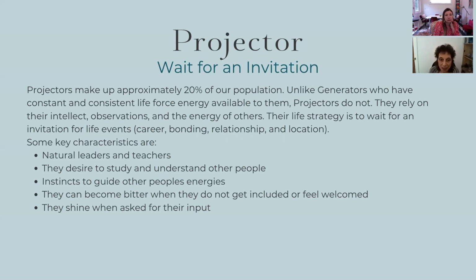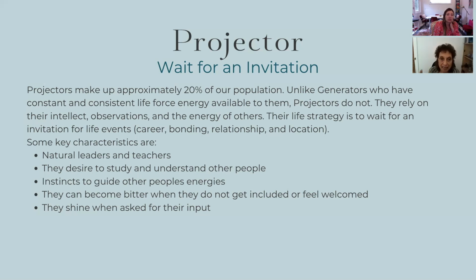Their strategy is waiting for invitations. Now this, again, is a topic we could talk for a couple of hours on, but for the sake of this introduction to type, remember as a projector, the big things in life, your career, who you're bonding with, where you're going to live, relationships.